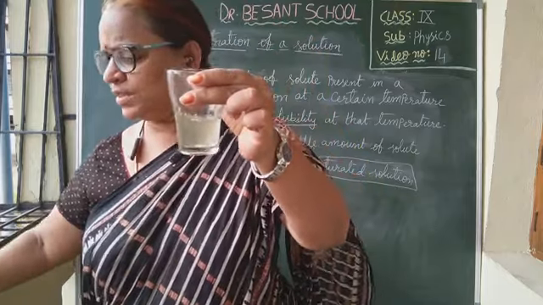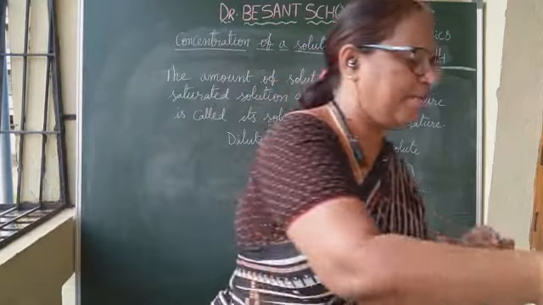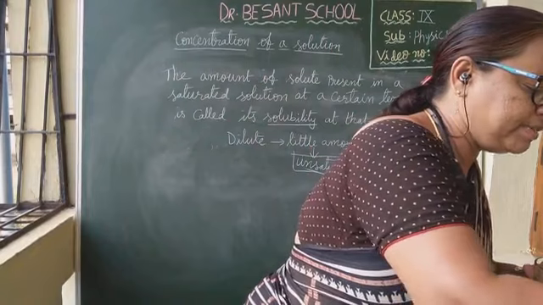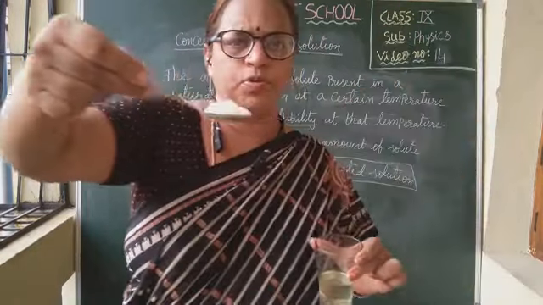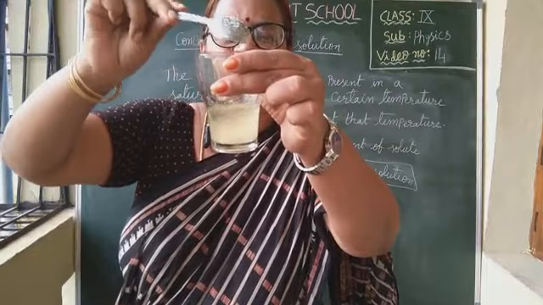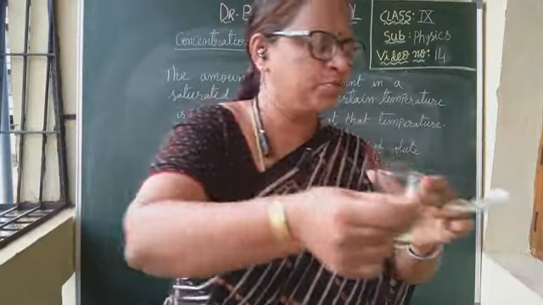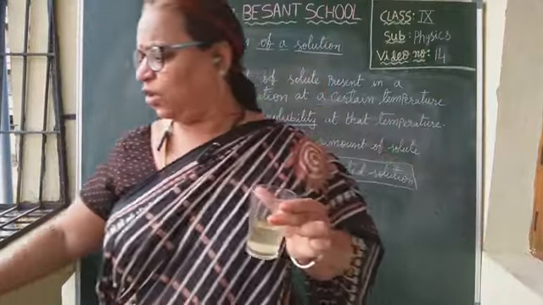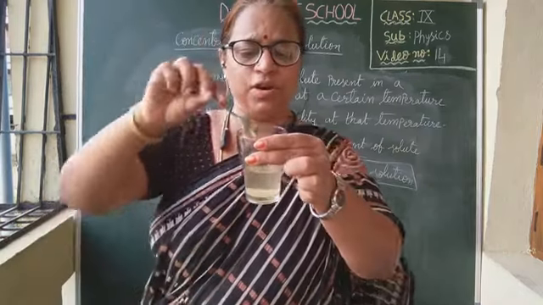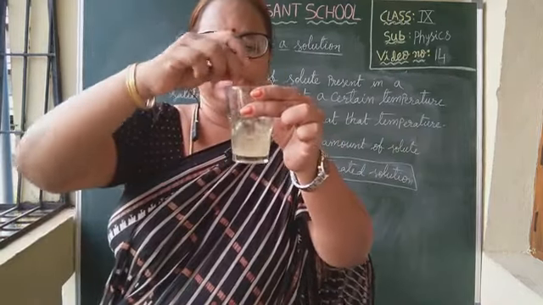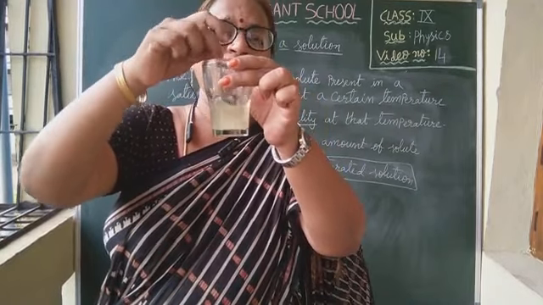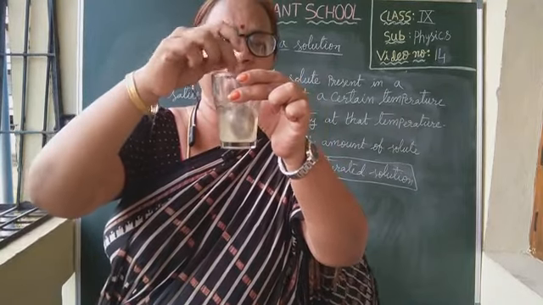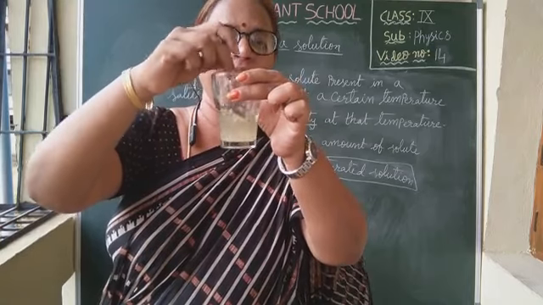Now I am adding still one more spoon of sugar. Like that, how many spoons should we add? Until no more sugar will get dissolved in the water. The solvent does not have any more capacity to dissolve it.